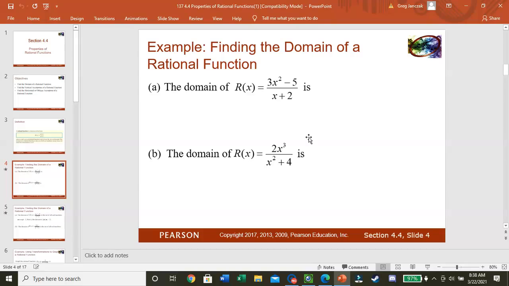So here we have r(x) equals 3x squared minus 5 over x plus 2. And I'm going to put the other one down here as well: 2x cubed over x squared plus 4.